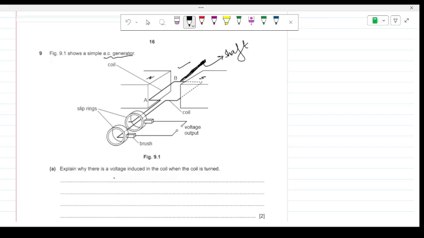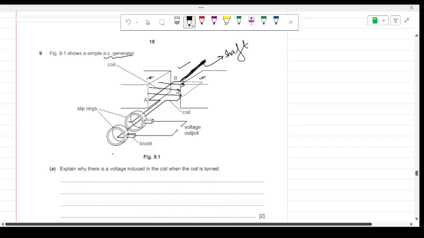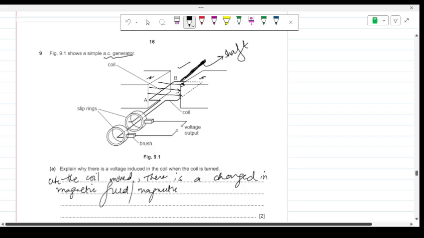So what is the reason behind the voltage being induced in the coil? You know that there is a magnetic field present around the coil, and the direction of the magnetic field lines is from north to south, and the magnetic field lines are present inside the coil. Whenever the coil moves, there is a change in magnetic field, or you can say magnetic flux linked with the coil.